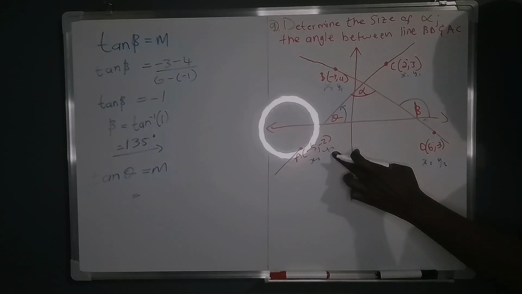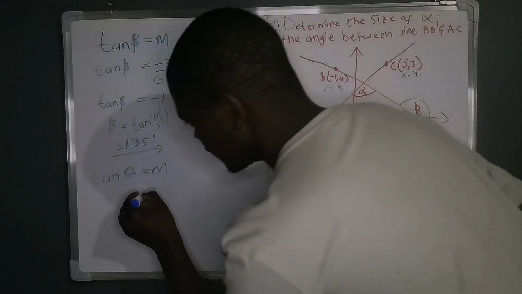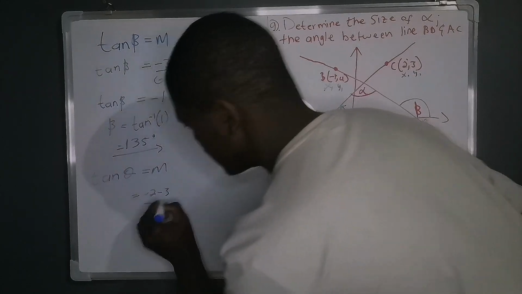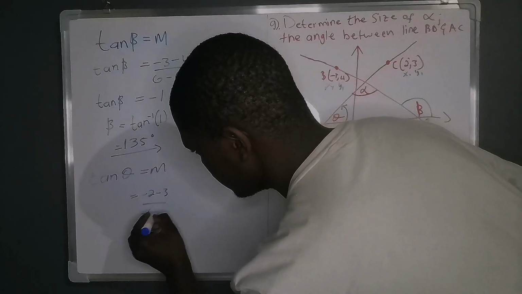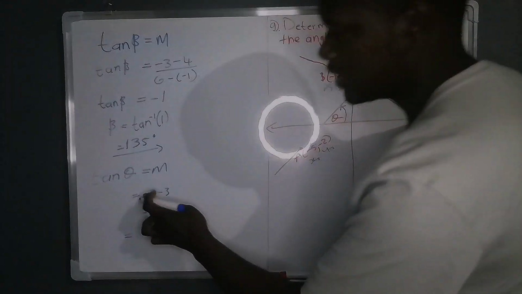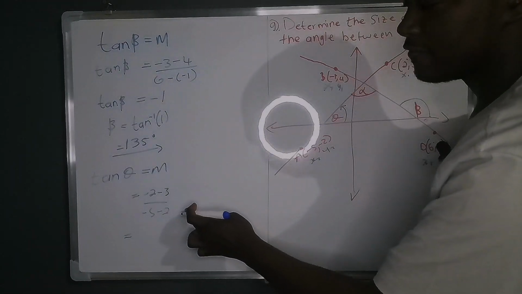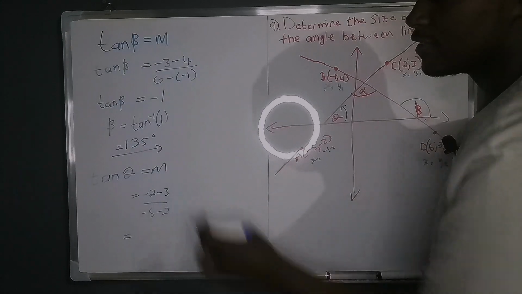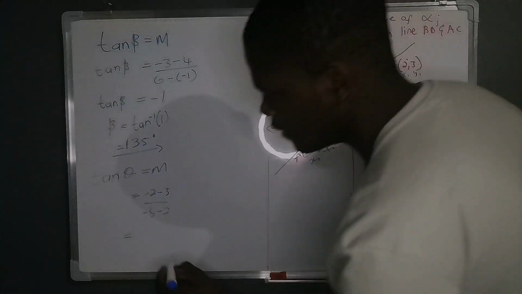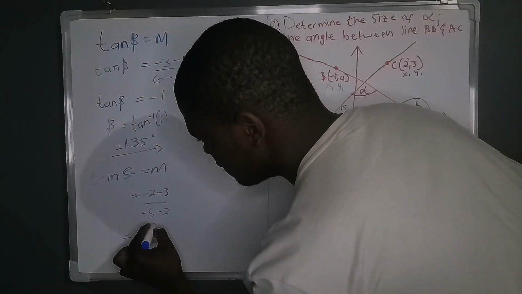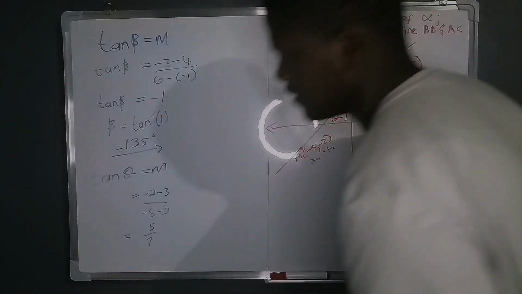That means y2 is negative 2 minus 3, and x2 is negative 5 minus 2. Then negative 2 minus 3 is negative 5, and negative 5 minus 2 is negative 7. That means we're going to have a positive 5 over 7.